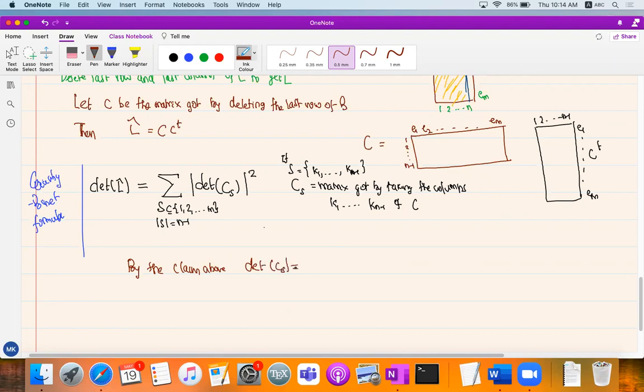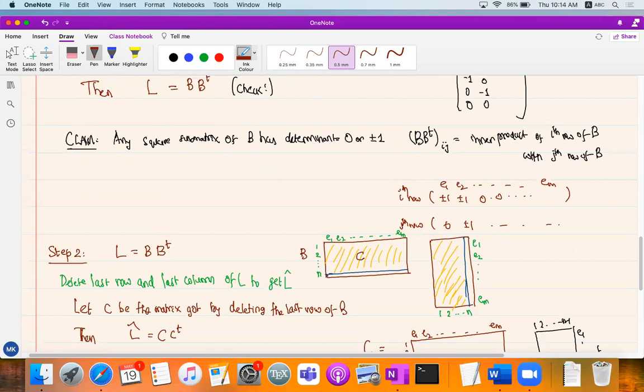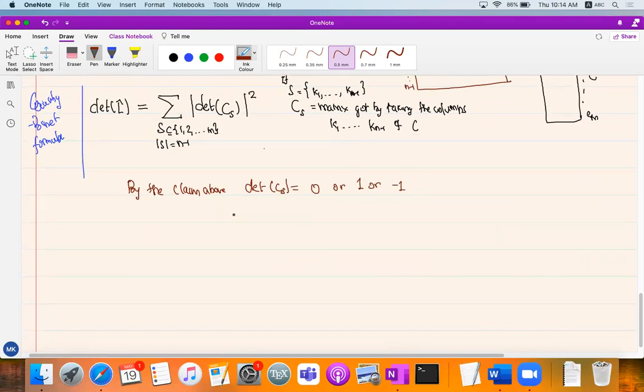Because it's a square submatrix of B, the determinant of CS is 0, 1 or -1. So the determinant squared is 0 or 1. When we square it, there will be only 2 possibilities, 0 or 1.